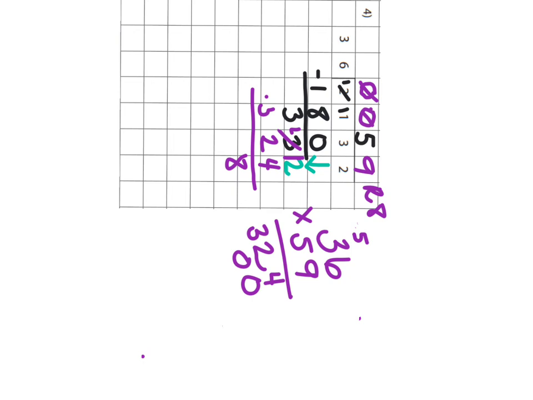5 times 6 is 30. 5 times 3 would be 15. Plus 3 more would be 18.